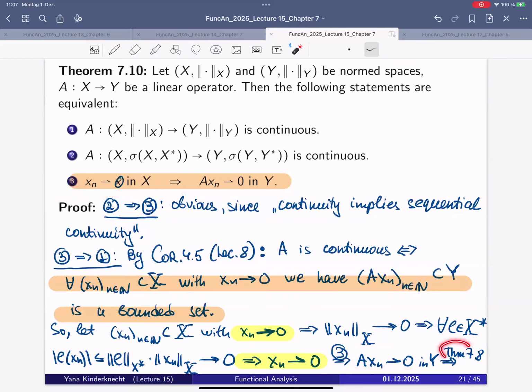And we have already proved that if we have a weakly convergent sequence, then it is bounded with respect to the norm. And hence we prove what we wanted. May I go to the next slide to finish this? Okay, please go.